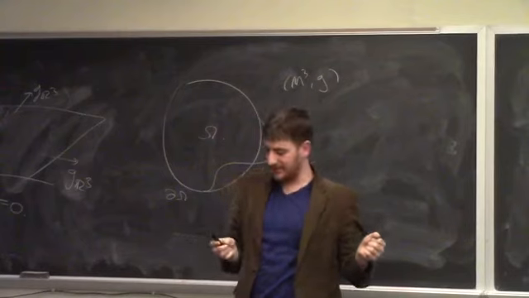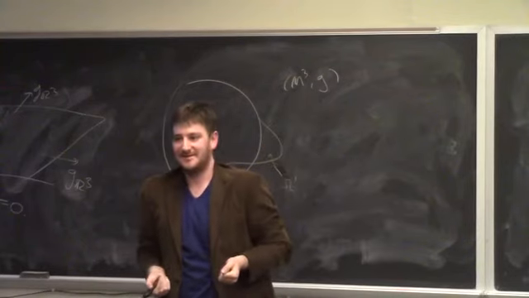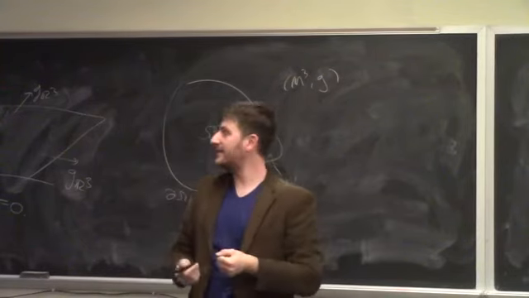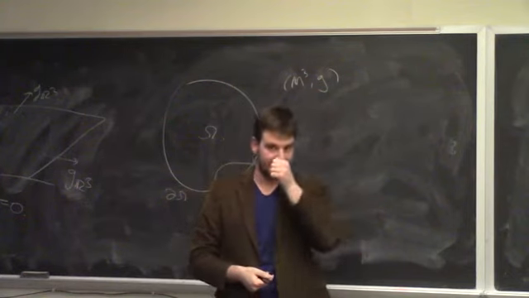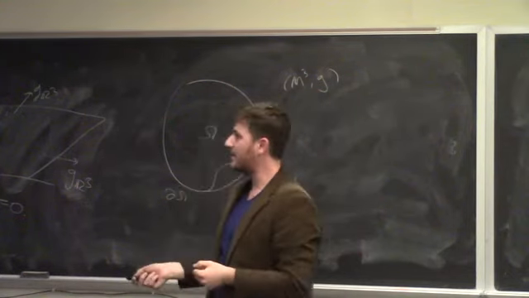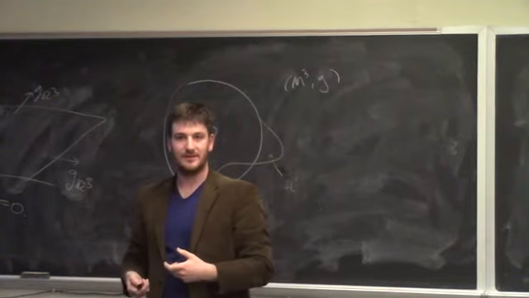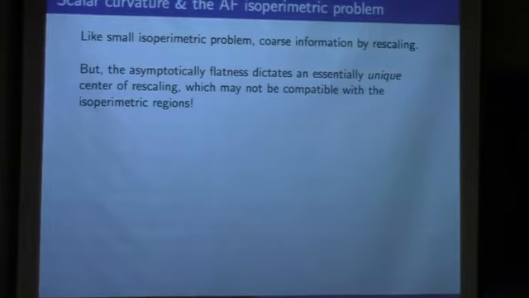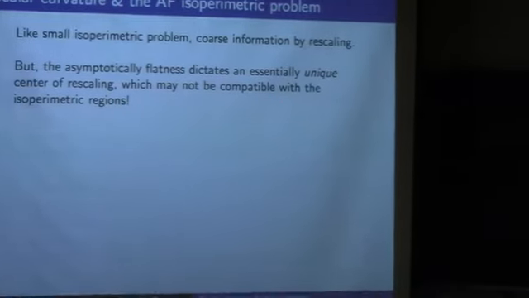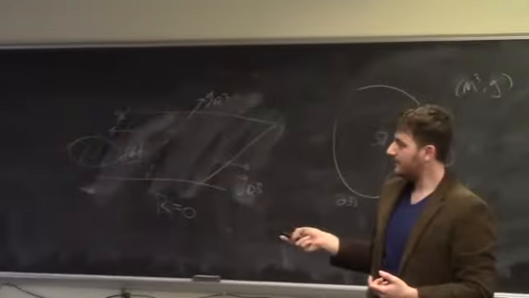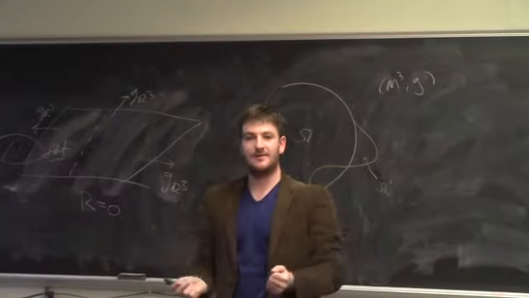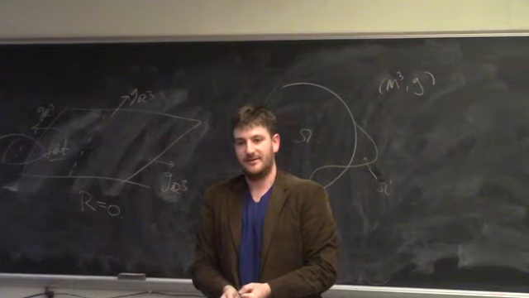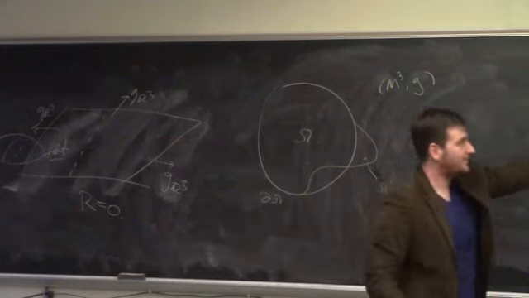This sounds like a technical issue, but it really causes a huge disaster for analyzing these regions, and I'll come to an example of the worst that could happen. Let me just say, with asymptotic flatness, you're only allowed to rescale around the center of flatness. What is rescaling?